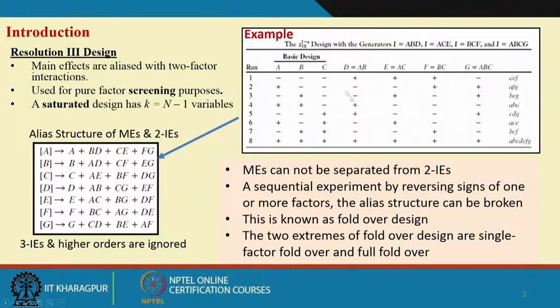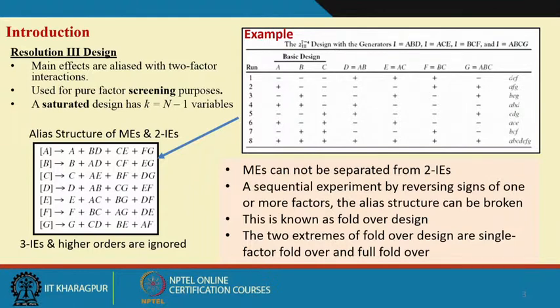Suppose you are interested in a resolution 3 design, and the case for demonstration is the 2 to the power 7 minus 4 resolution 3 design.